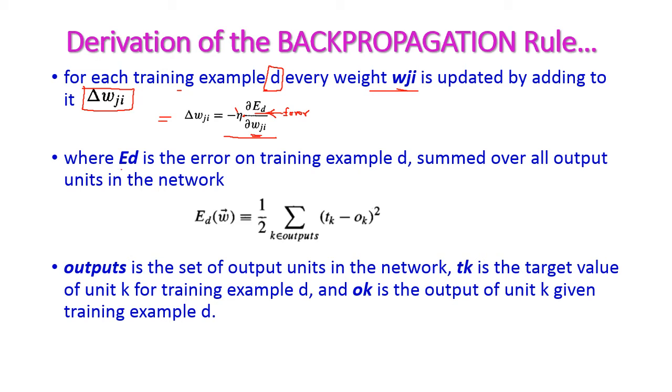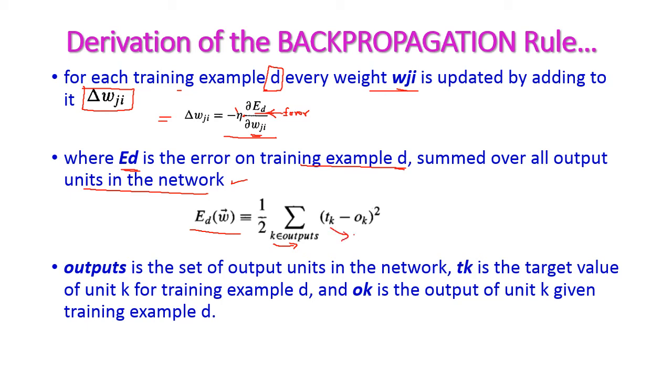Here Ed is the error on the training example D, summed over all the output units in the network. Ed with respect to w is equal to half of the sum over k belongs to outputs of (Tk minus Ok) whole square.